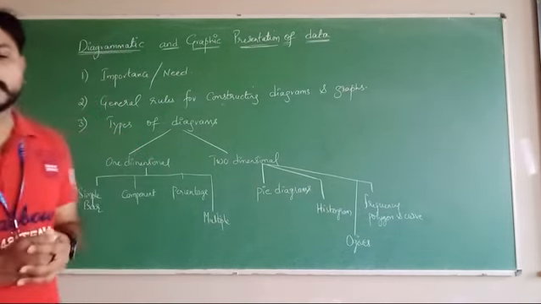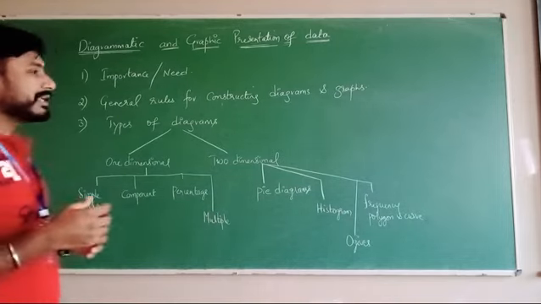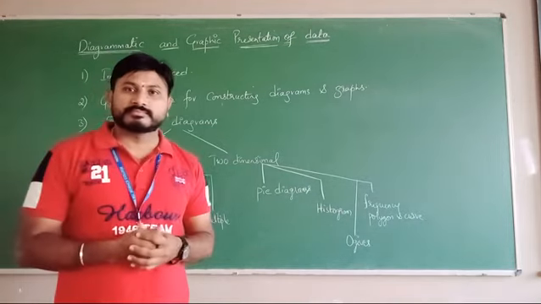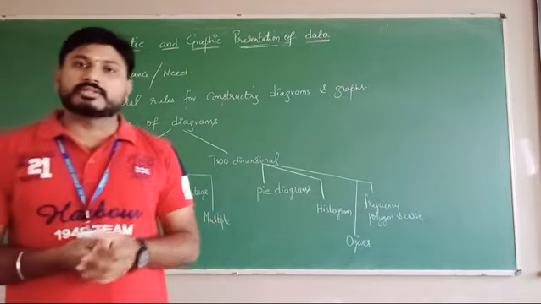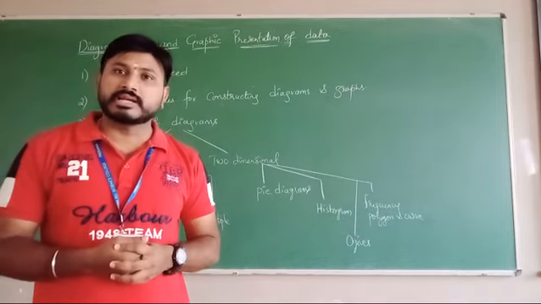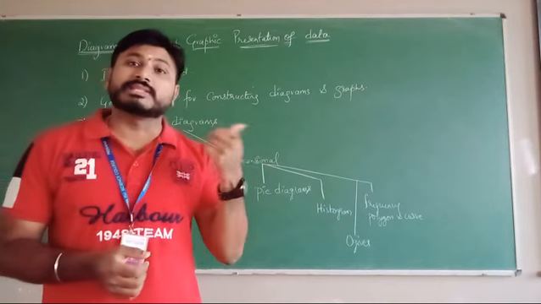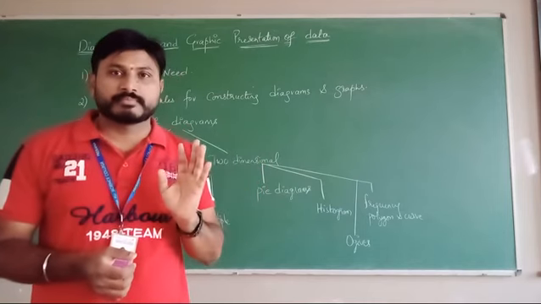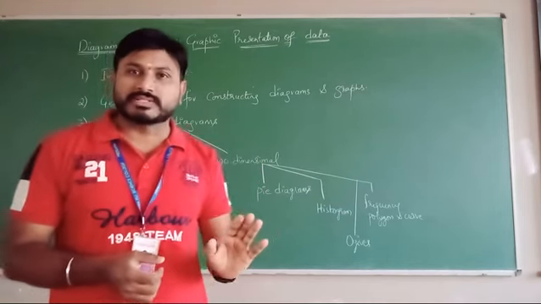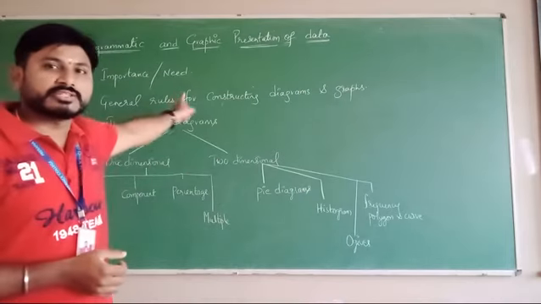Clear, guys? Next, the fifth point is it can be easily understood by a common man. As I said, not only a statistician should understand it; even a common man, if they observe the data, will easily understand it. Now quickly have a glance. What are the importance or needs of diagrams?